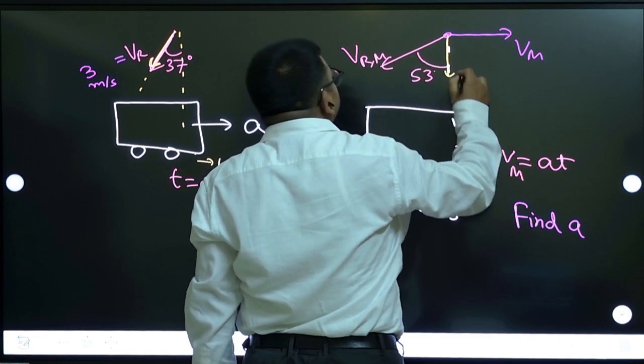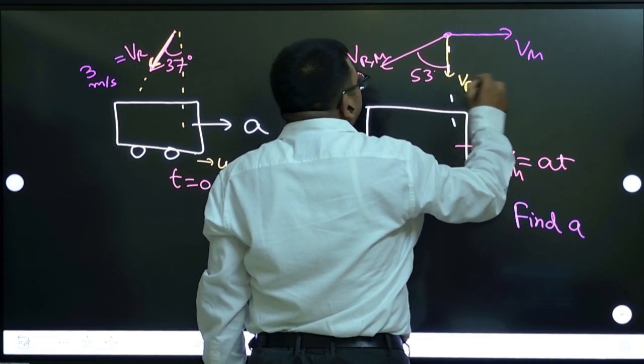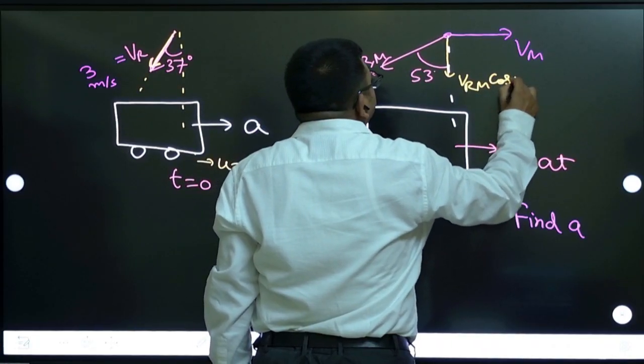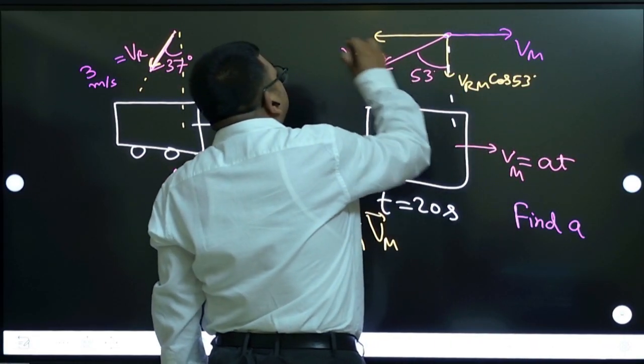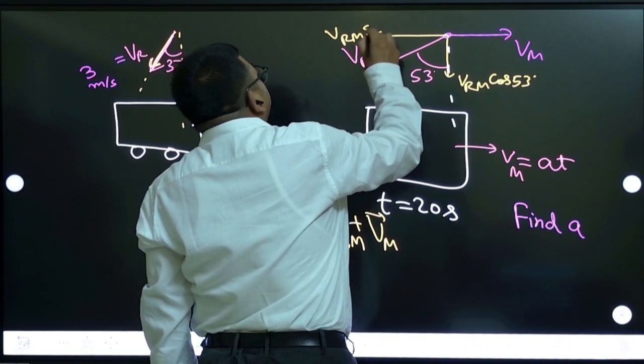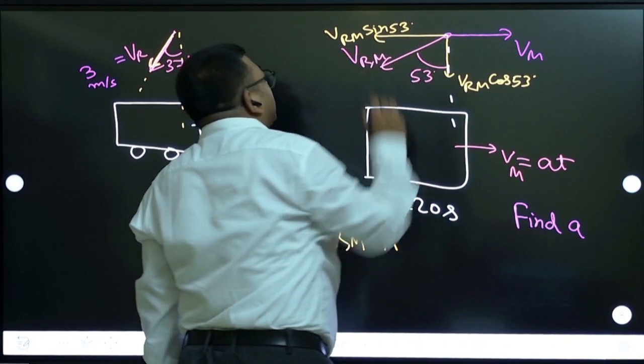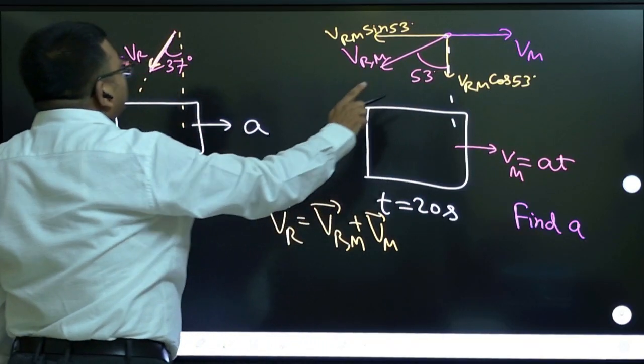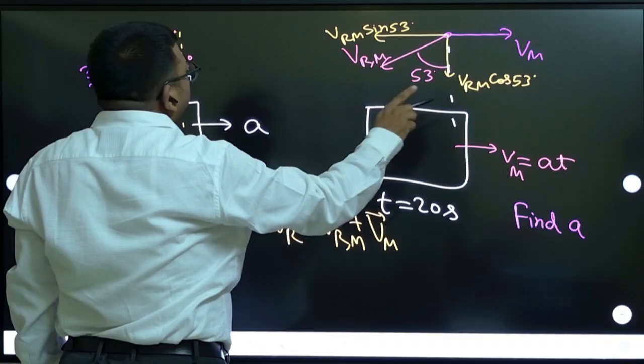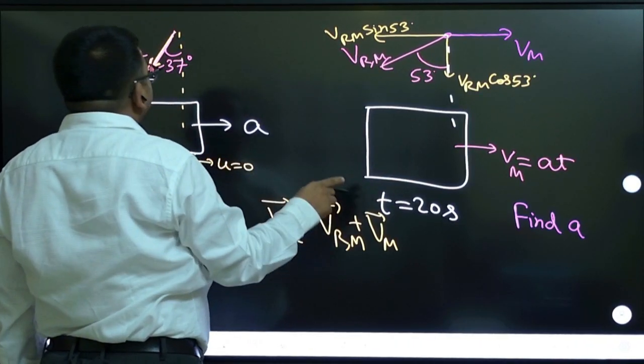Suppose I resolve VRM. This becomes VRM cos 53 degrees, and this becomes VRM sin 53 degrees. There will be a horizontal component and a vertical component.